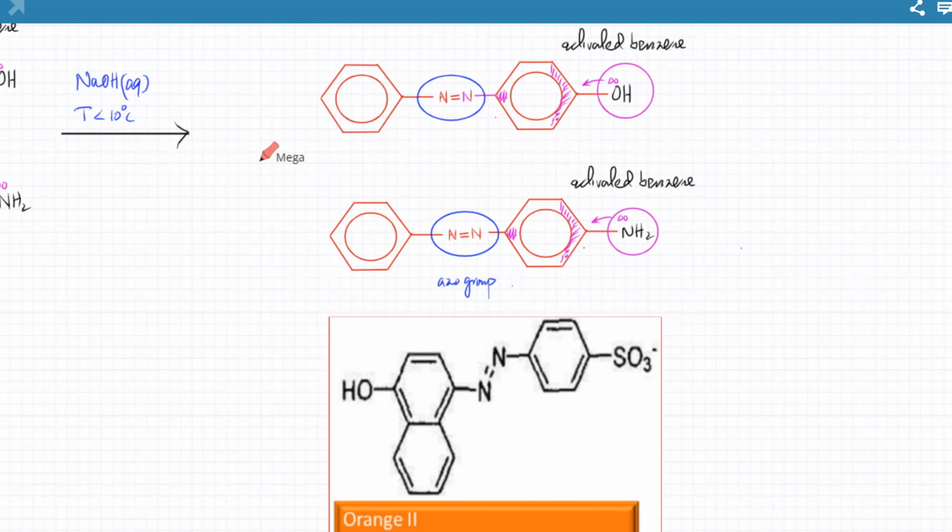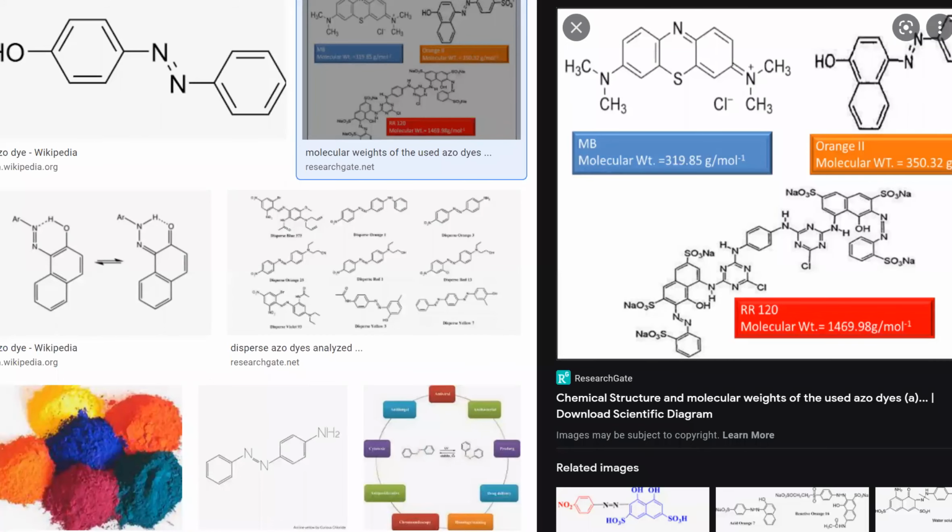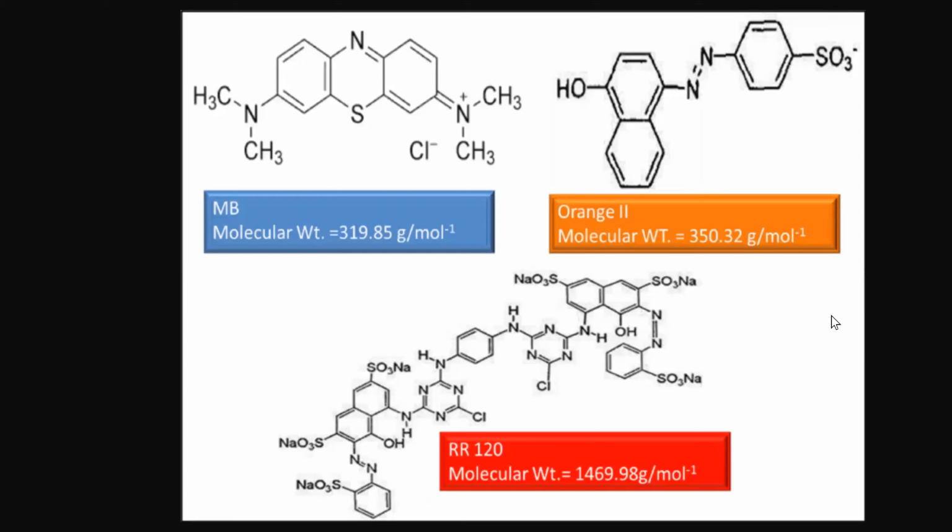Same is the case with this other azo dye that we saw, the red one. If you look at the red one, is there an azo group somewhere? Yes, there is, and there are actually a couple of azo groups in this.